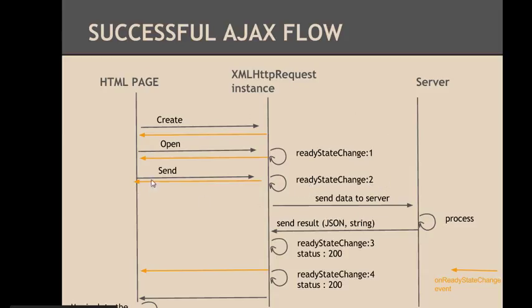Again, you can manipulate the page since the ready state is changed. After that, this instance sends the data to the server, and our server processes the data and sends the result back as JSON or XML or a basic string, and our ready state changes to 3. You may get the event since the ready state changed and manipulate the HTML.